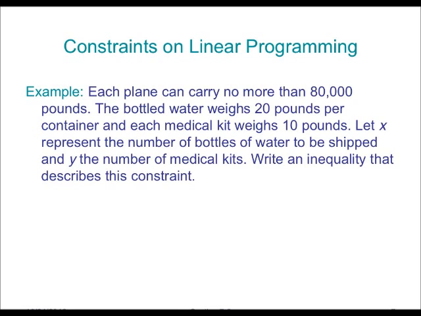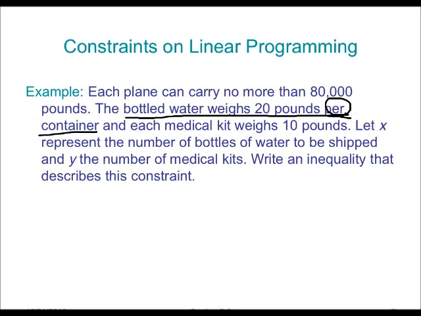So we're back on the plane. The airplane, you know, is limited to how much weight it can carry. This particular plane cannot carry more than 80,000 pounds. So between the bottled water and the medical kits, it has to be no more than 80,000 pounds. The bottled water weighs 20 pounds per container.